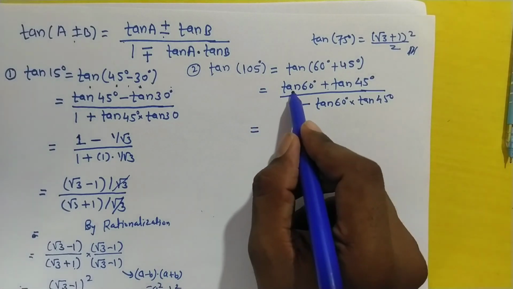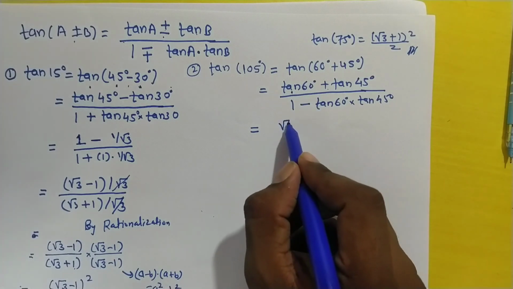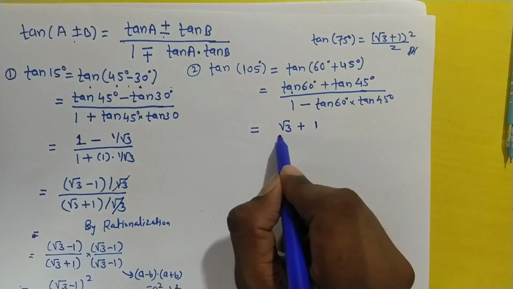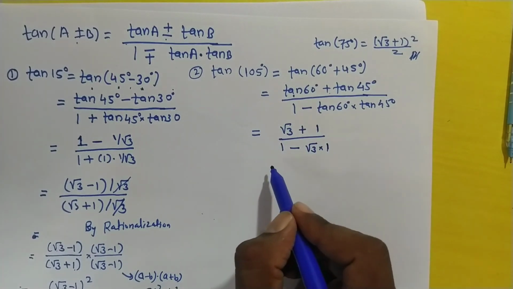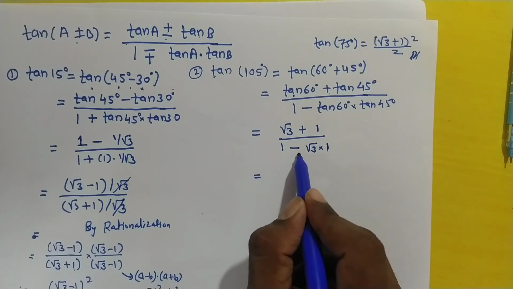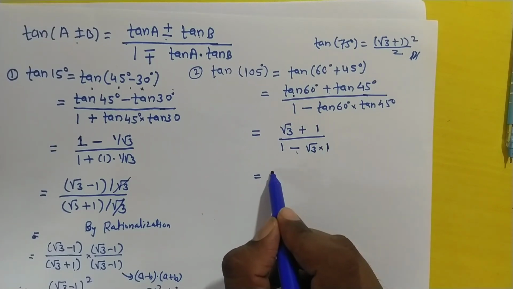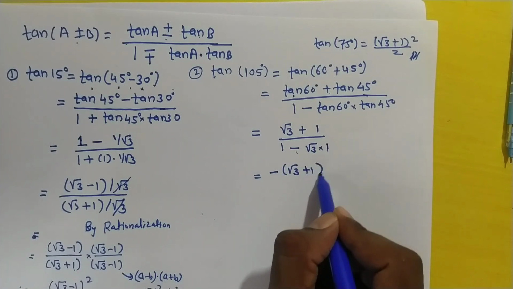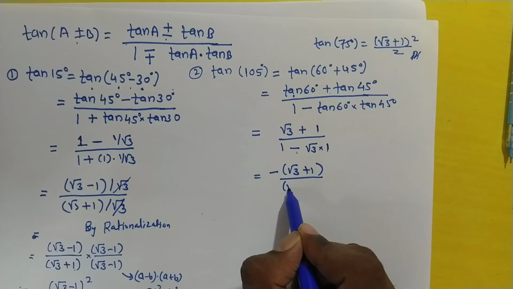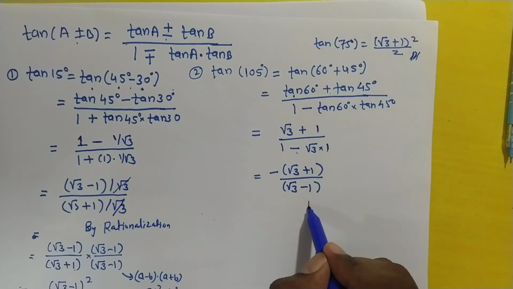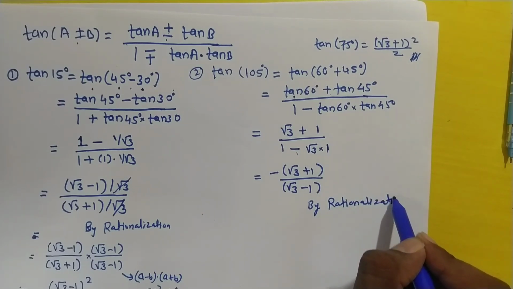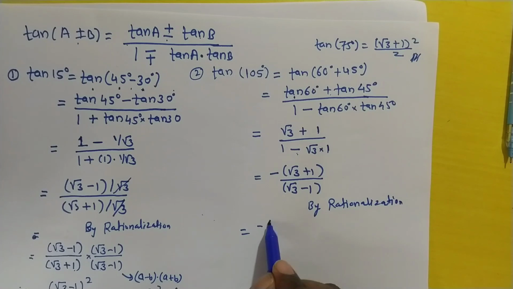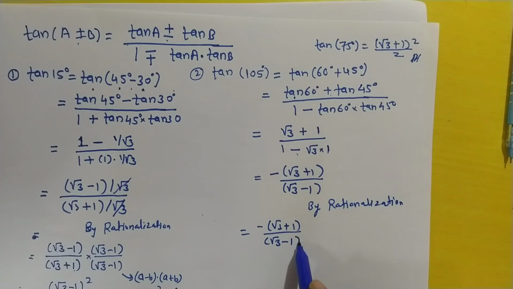We know that tan of 60 degree is root 3, tan of 45 degree is 1, on divide 1 minus root 3 multiply by 1. Take the minus sign common from the denominator, so we get root 3 plus 1 on divide root 3 minus 1. So by using rationalization, minus root 3 plus 1 on divide root 3 minus 1.